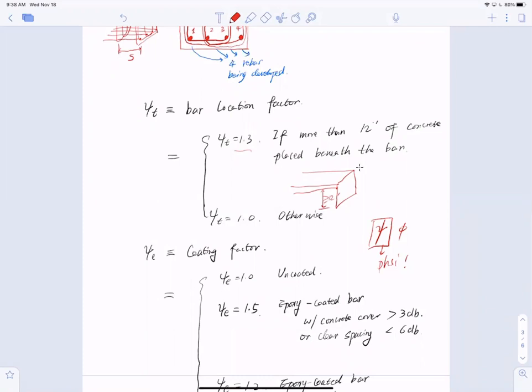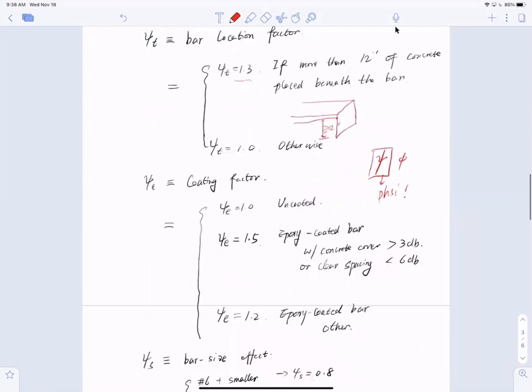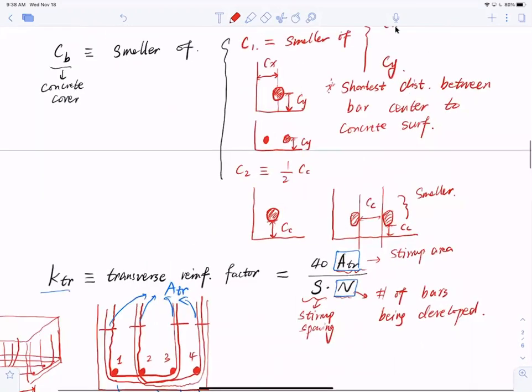Yeah, I have a question. Go ahead. If you scroll up to Cc. Sure, hold on one second. Right here. I know that we take the smaller of the distance between the bars or from the bottom of the bar to the bottom of the surface. Why don't we do the side of the bar to the side of the reinforced concrete?